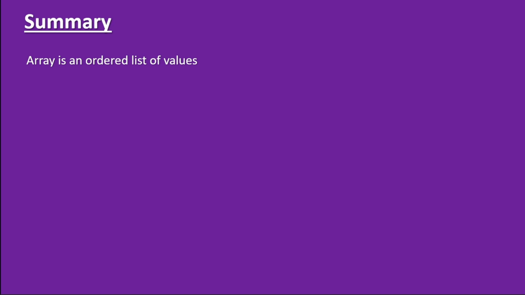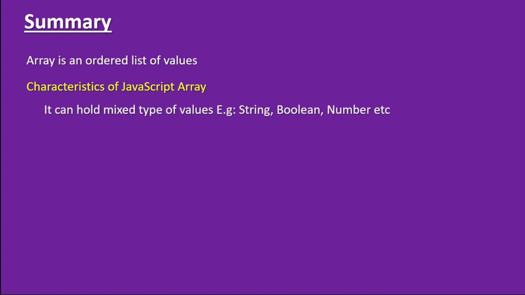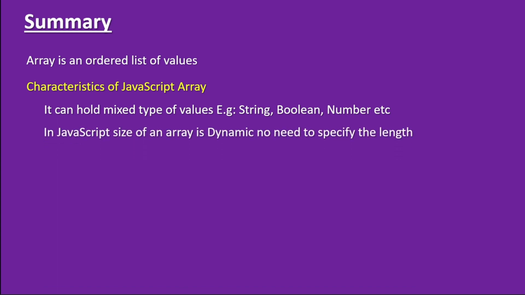Let's see the summary. An array is an ordered list of values, and we saw the characteristics of an array: an array can hold mixed types of values, which can be any valid data type in JavaScript, string, boolean, number, etc. Array size is dynamic. We don't need to specify a length when we are creating an array. Whenever we want, we can update the size by inserting elements into it.